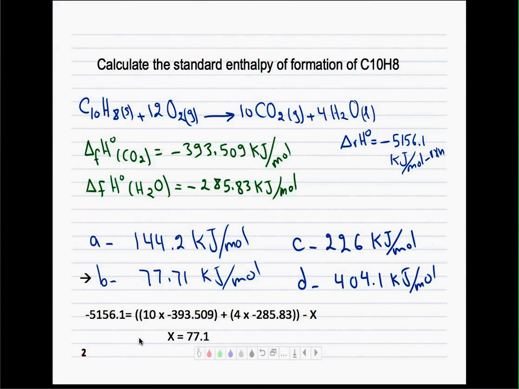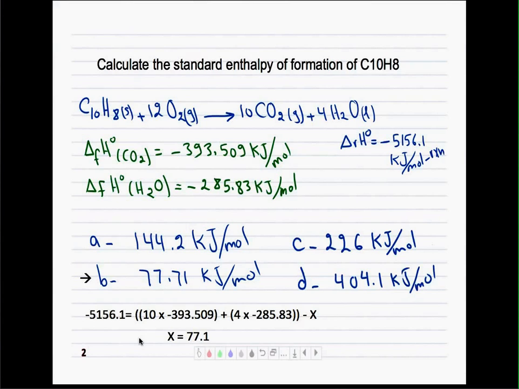What I know is that the delta H of the reaction equals the sum of the delta H formation of the products minus, definitely taking into consideration the stoichiometric coefficients, the delta H of all the reactants. So in other words, delta H0R, which is given to us here, equals 10 times the delta H formation of CO2 gas.